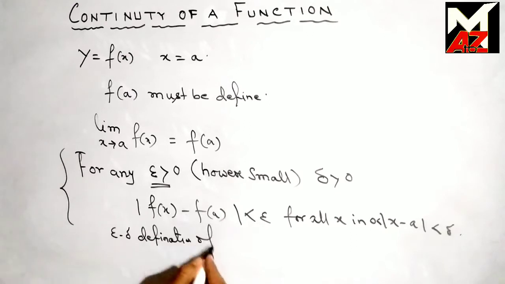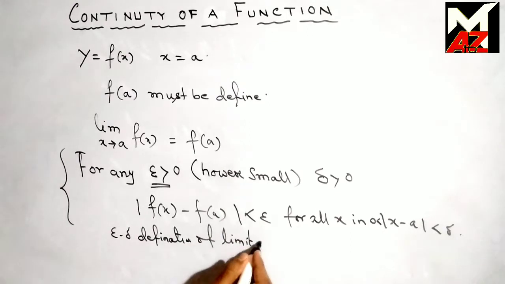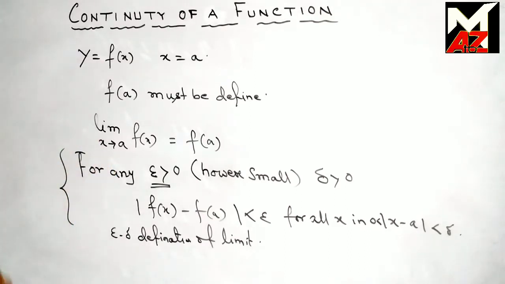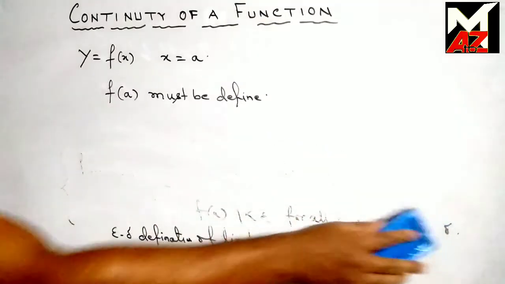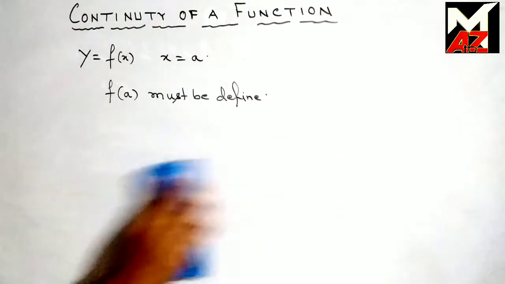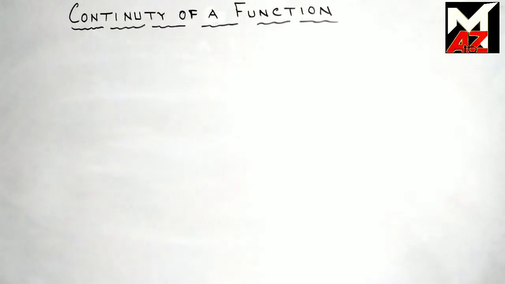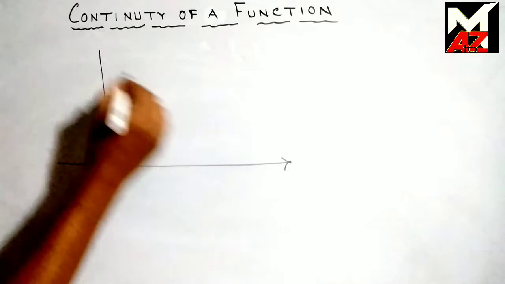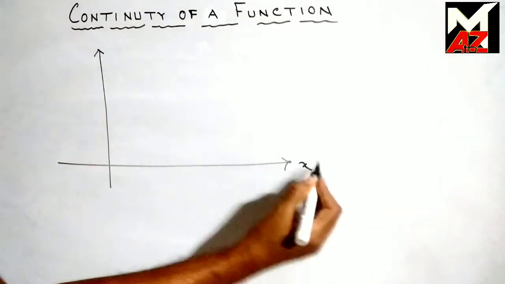Okay, now we see this epsilon delta definition of continuity by a graph. We consider here this is the x-axis and this is the y-axis, and let this be a curve.